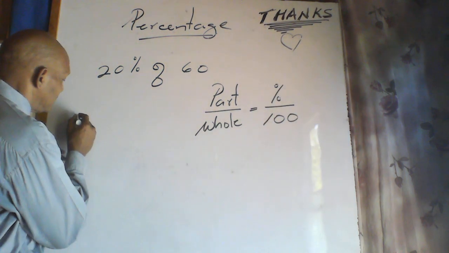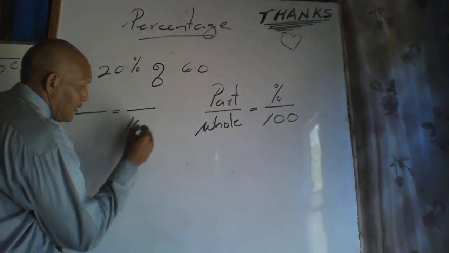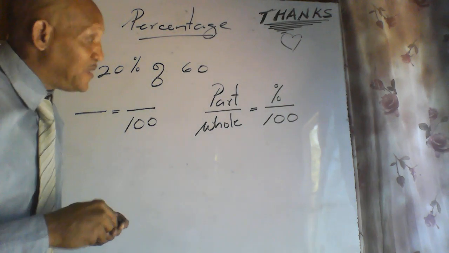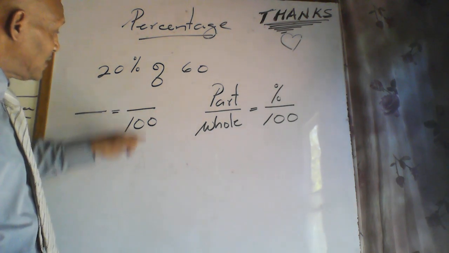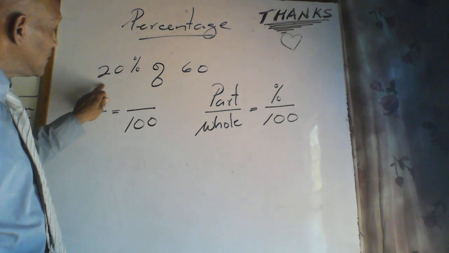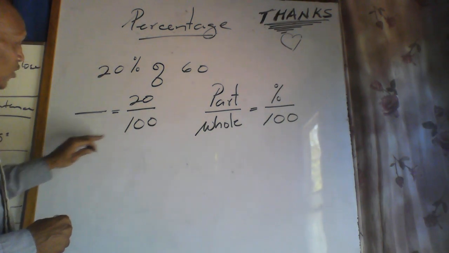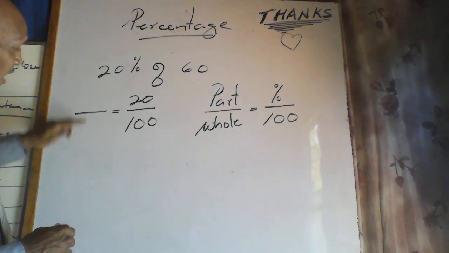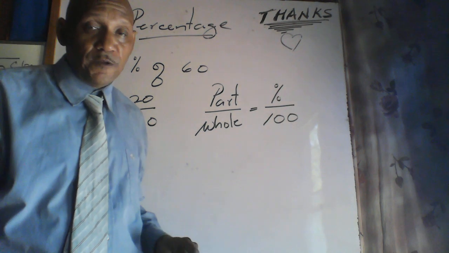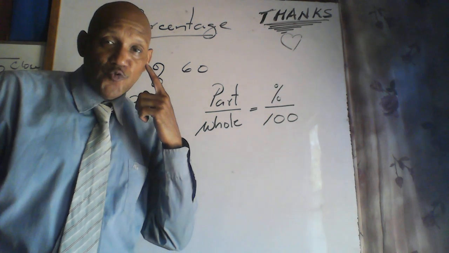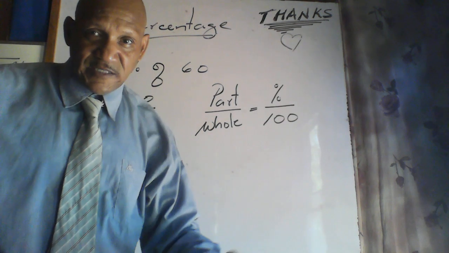How do I set this up? I know for a fact they gave me 100 in the formula. I put it down. Did they give me a percent? I'm going to complete this side first. Yes, 20%. 20 goes over 100. So what do I want to put here? The part over the whole. Is 60 the part or is 60 the whole? Remember the rule. The rule says the number that comes after "of" is the whole.